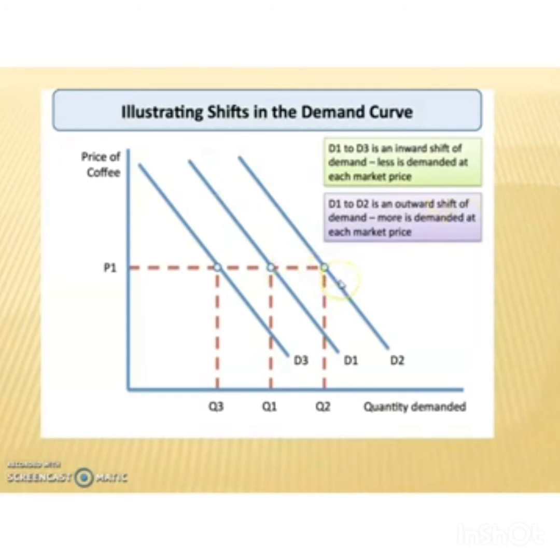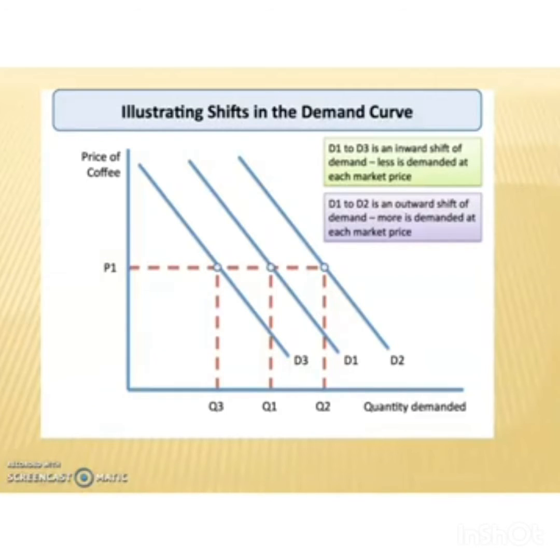Rightward shift in demand curve means increase in demand without any change in price. Then leftward shift means decrease in demand without any change in price. Okay. So students, keep it in mind.